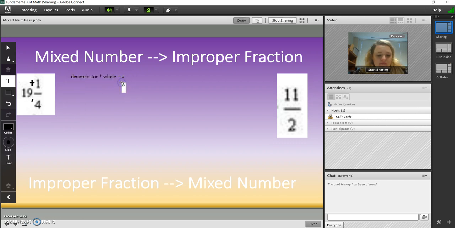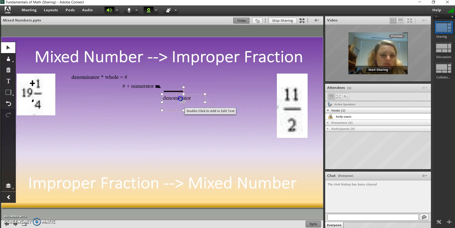Take that number and add the numerator. Okay? Then you'll get something and you'll put it over the denominator. All right, so let's do this example. You never change the denominator.